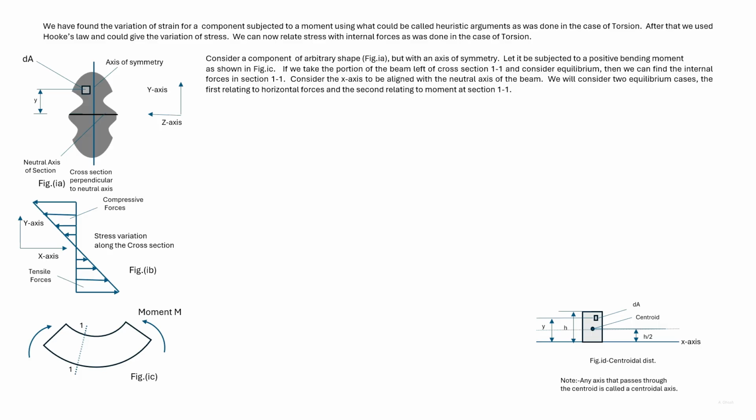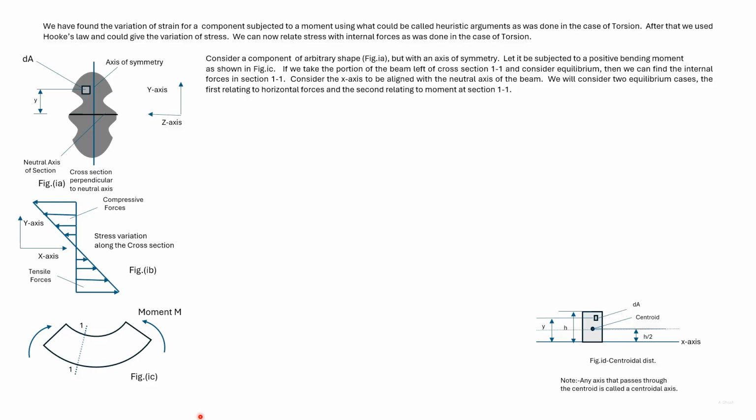At this stage, we do not know the position of the neutral axis, and hence next we'll find out the position of the neutral axis. After that, we can relate the stresses in a section to the internal moment. These stresses will make up the internal moment.